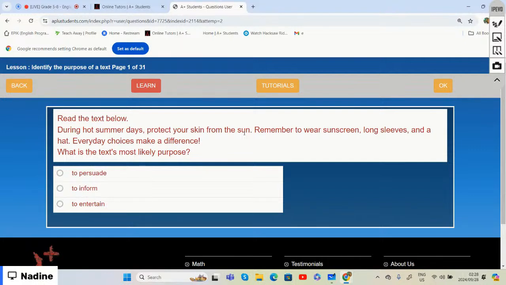Now, looking at that text, is the author trying to persuade us, inform us, or entertain us? Option one, option two, or option three.